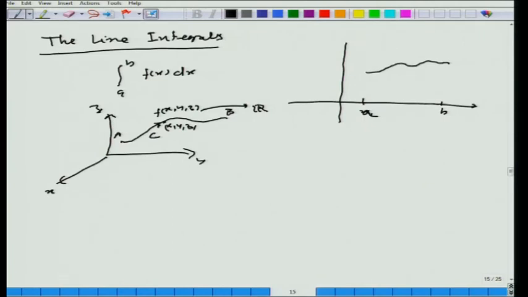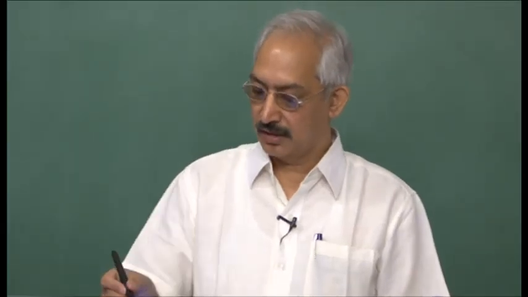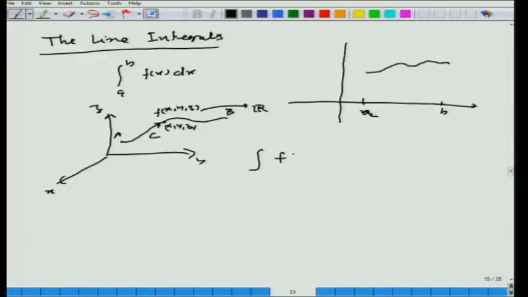We are supposed to define the notion of the integral of this f over this curve C in a certain sense, and we will have it, let us say, over the arc length.